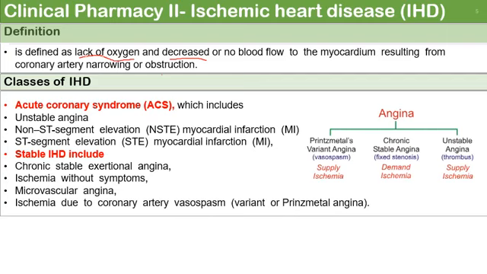In this diagram, we show the major classification of angina symptoms. Prinzmetal angina is due to vasospasm, a supply ischemia.